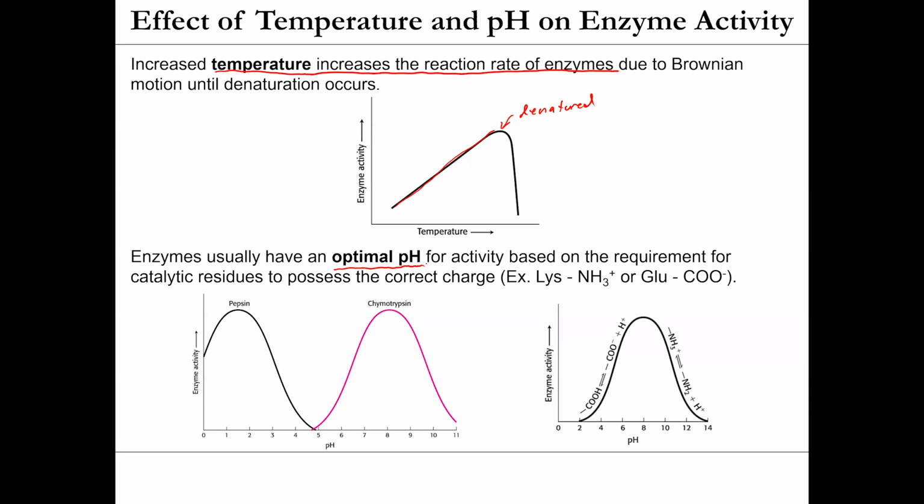And so a serine protease like chymotrypsin is going to have a pH curve like this, where the optimum activity is at about pH 8. But other proteases like pepsin, which is in a different class and will use different catalytic residues, are going to have a different pH. And so pepsin is going to operate at a much lower pH than chymotrypsin.